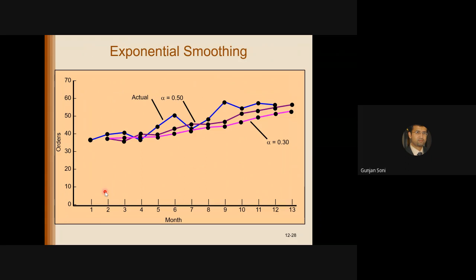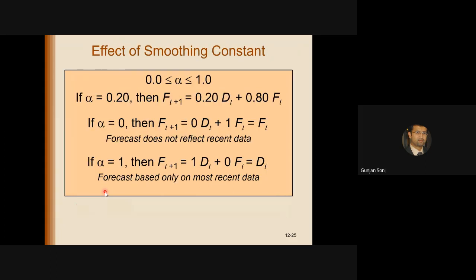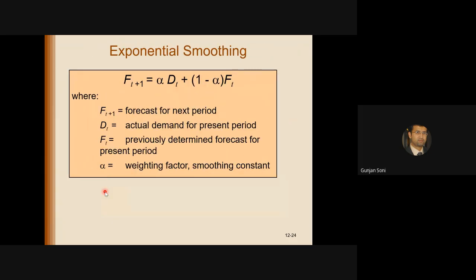That's how the formula works, right? Yes, so that's what I'm asking. Since we have the demand for April already, why are we taking the previous month's demand? No, that's how the formula works. That's how exponential forecasting works. The formula, if you recollect it, F(t+1) means April, and D(t) means the demand of March.